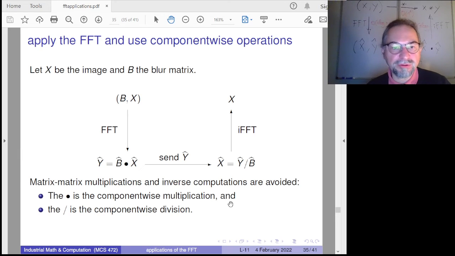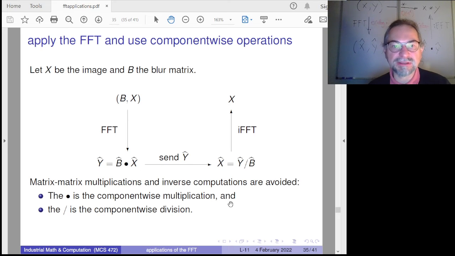But the main point here is that the encoding and the decoding happens in quasi-linear time. So the encoding involves two fast Fourier transforms, but most likely you have stored the fast Fourier transform of the blurring matrix. So one fast Fourier transform then, and a component-wise product.